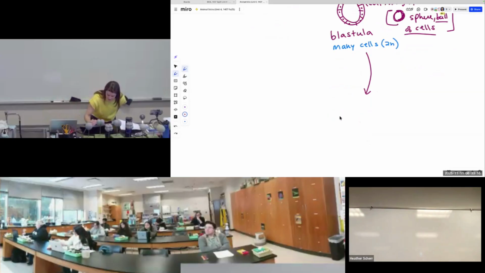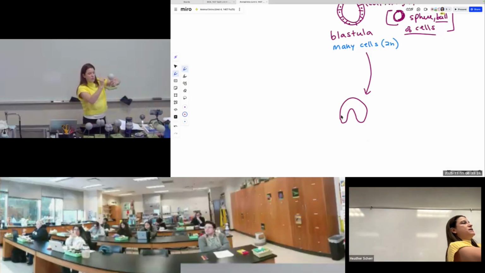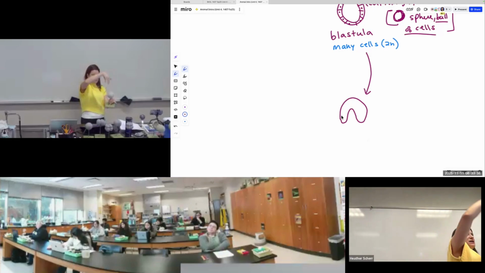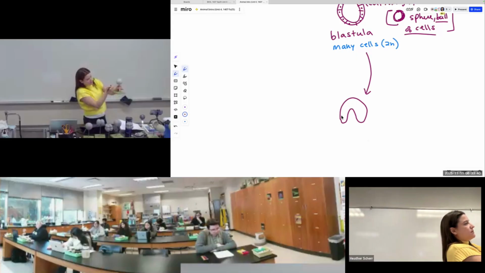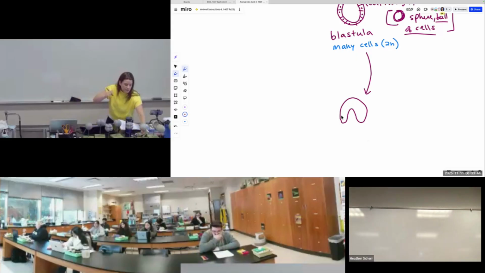If we looked at this in 3 dimensions, it would be like this ball, and the bottom pokes in, kind of like if you took a balloon and stuck your finger in the balloon, not through it, but just into the balloon. You can imagine that's pushing a cup structure up that elongates into a long pouch there. So it basically starts folding under and folding inward to make this inside structure.